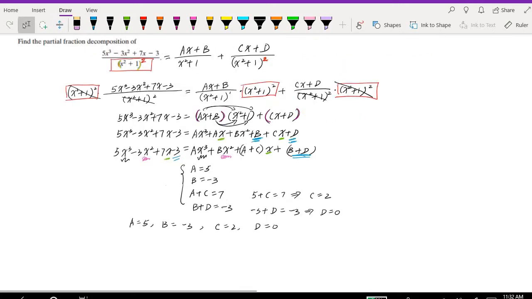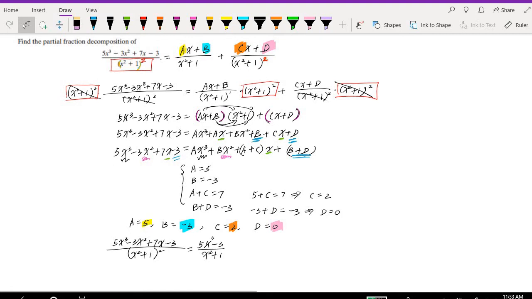So now I can go back and write down the answers, right? We can just highlight it. My a goes right here, and then my b is -3, and then my c is right here, is 2. And then we also have d is 0. Okay? So let's go ahead and write down our answer. So our answer is going to be 5x plus b, that is just going to be plus -3, which is just going to be -3 over x squared plus 1.